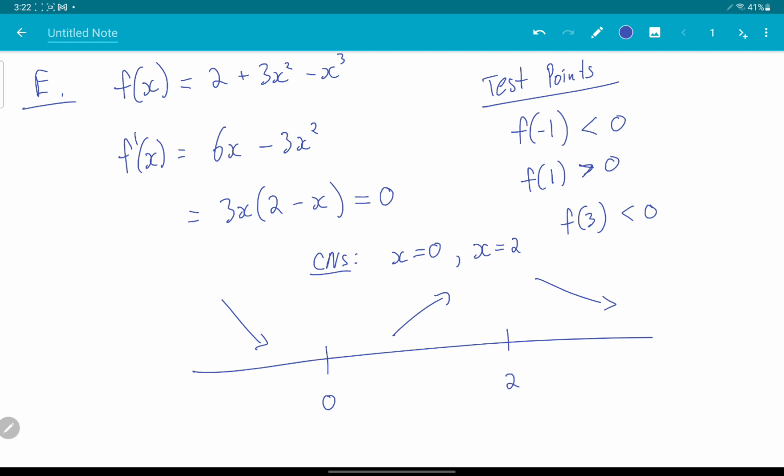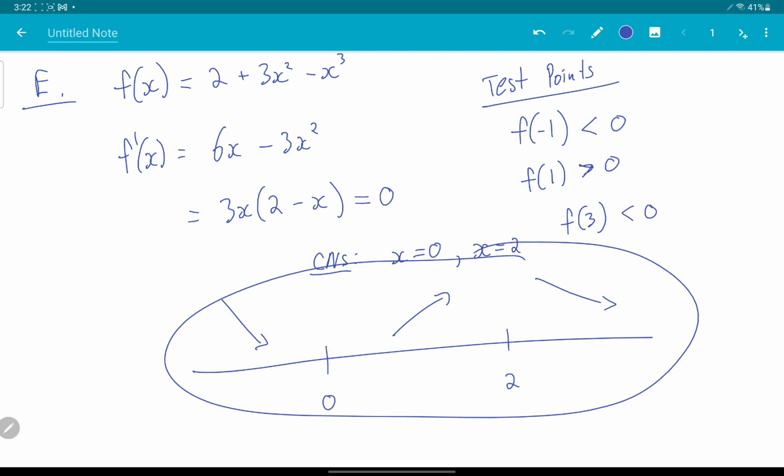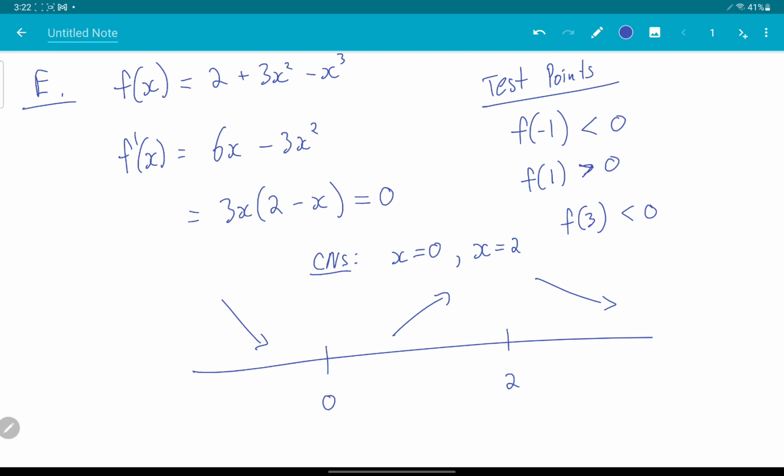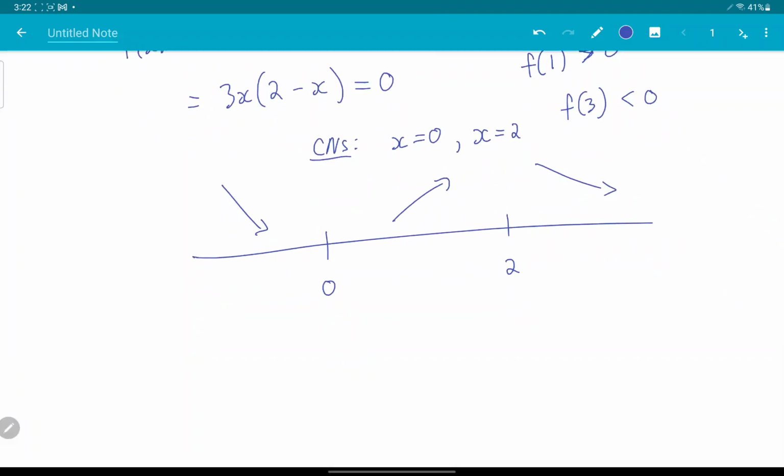So this is fine. This pretty much tells the whole story. But if you want to be more formal, you could say increasing on (0, 2), decreasing on minus infinity to 0.